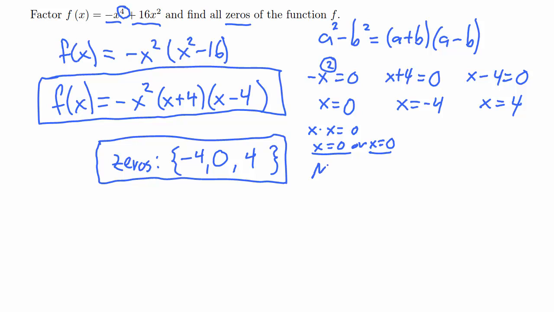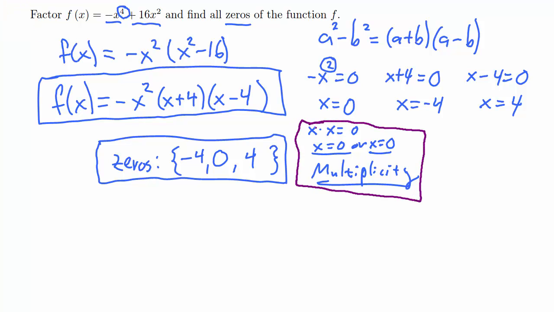And that's called a multiplicity. Multiplicity simply means the number of times a 0 is used as a 0. So that means that because you have an x squared equals 0 here, it had a multiplicity of 2. Now this all in purple here is just kind of a sidebar for this problem.